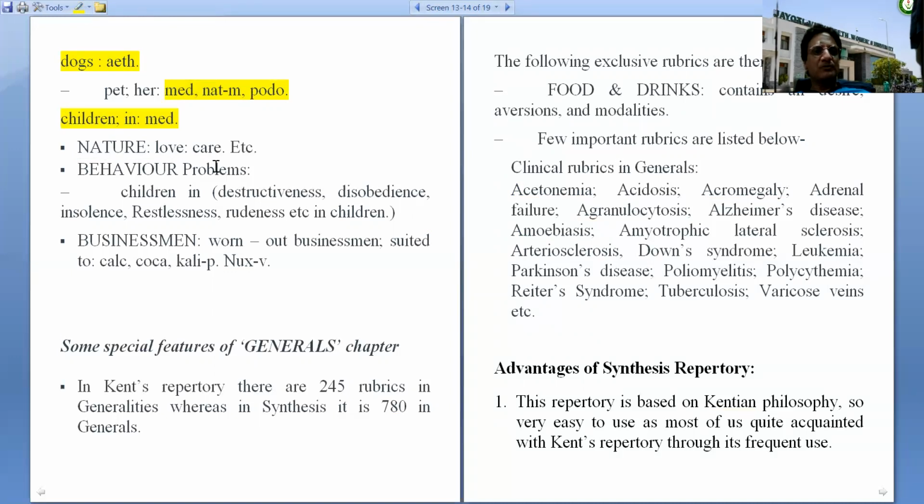Behavior problems, children in, like destructiveness, disobedience, insolence, restlessness, rudeness, they are also mentioned. These are very important rubrics nowadays. Businessman, worn out businessman, suited to.